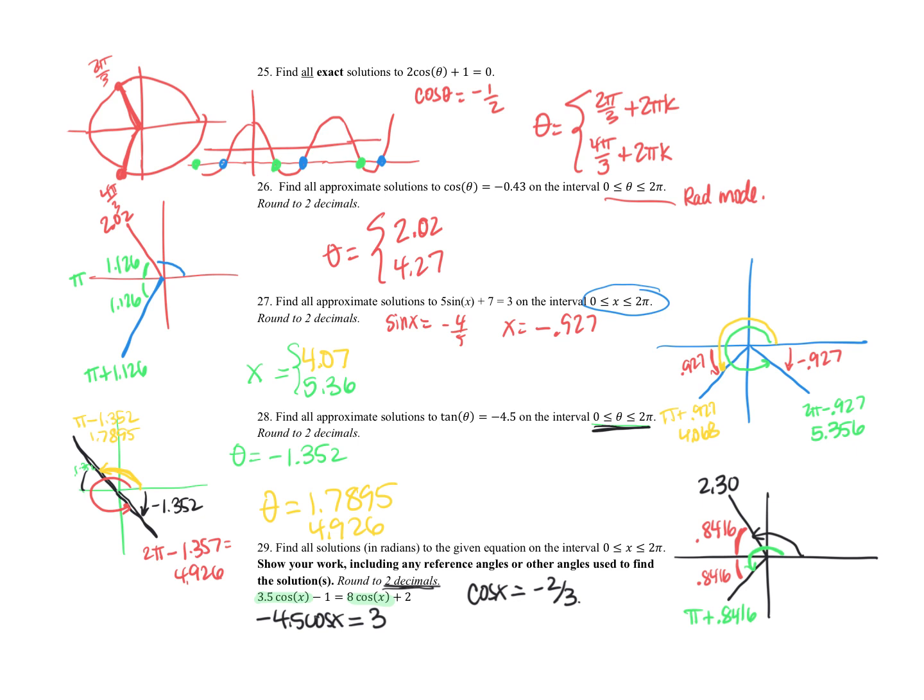And if I do that, I get 3.983. So my two angles are 2.30 and 3.98. So those are my two angles. And that's it.